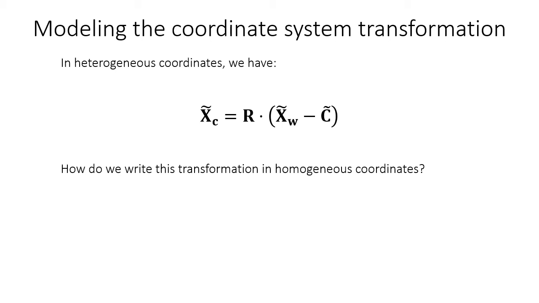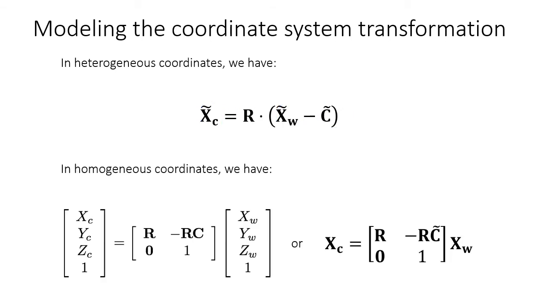Now we can explain the relationship between a 3D point in world coordinates and a 3D point in camera coordinates using the rotation matrix and the translation vector from world coordinate to camera coordinate. But this tilde means inhomogeneous coordinate. Then how do we write this transformation in homogeneous coordinates? We have this equation.